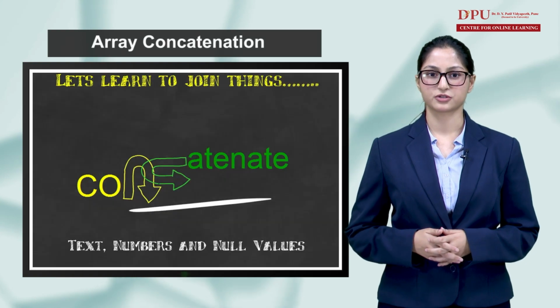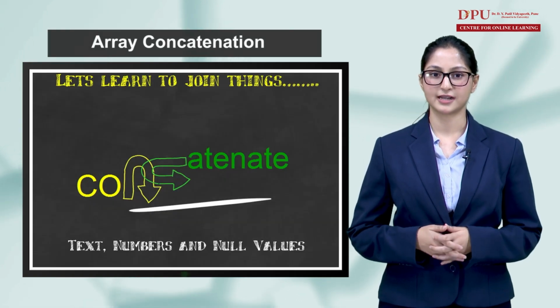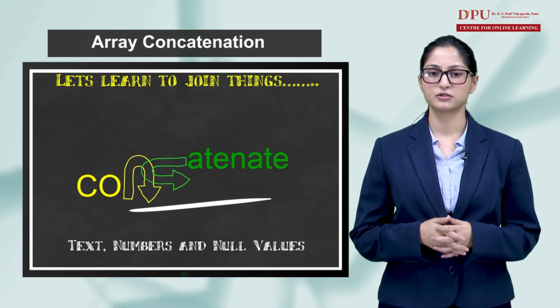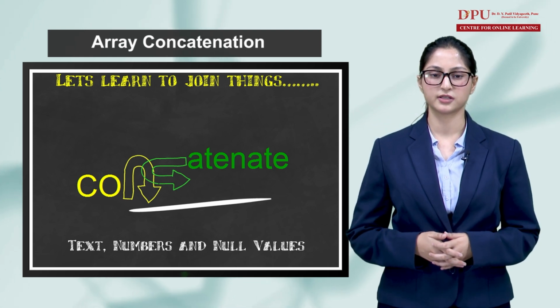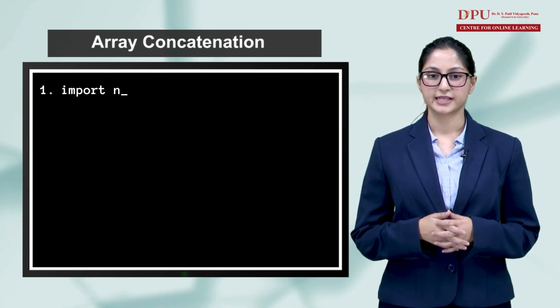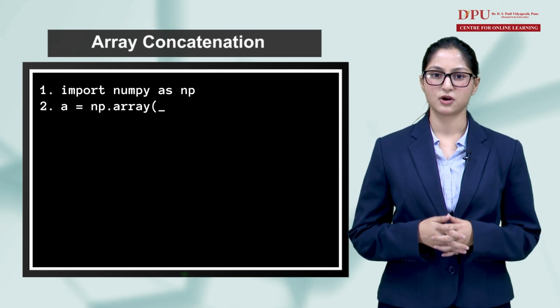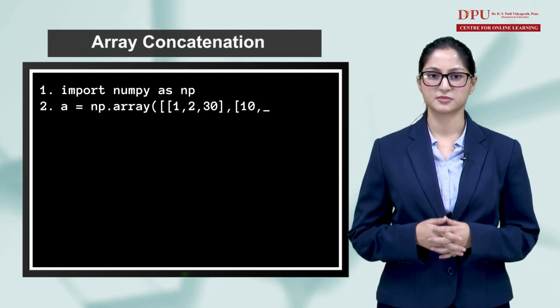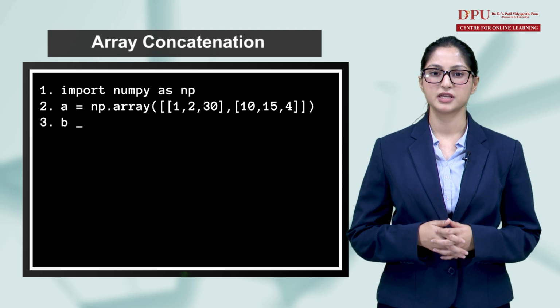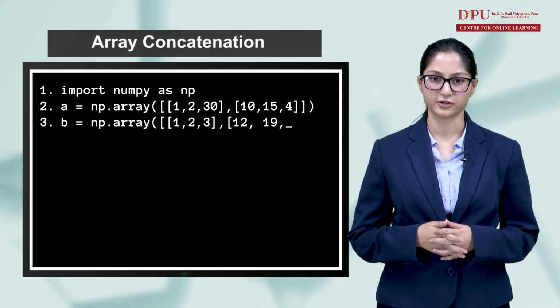Array concatenation. NumPy provides us with vertical stacking and horizontal stacking that allow us to concatenate two multidimensional arrays vertically or horizontally. Consider the following example. Import numpy as np, A equals np.array with numbers passed as parameters to the array function. B equals np.array, with the following numbers passed as parameters to the array function.